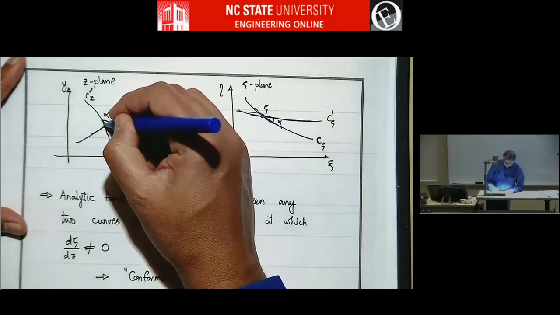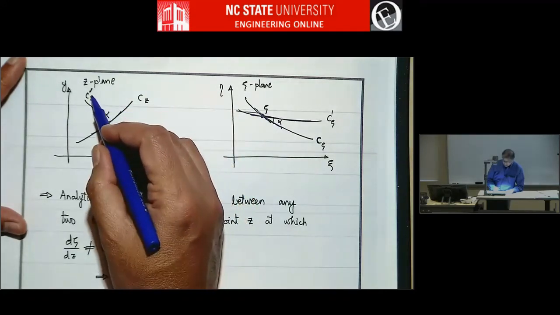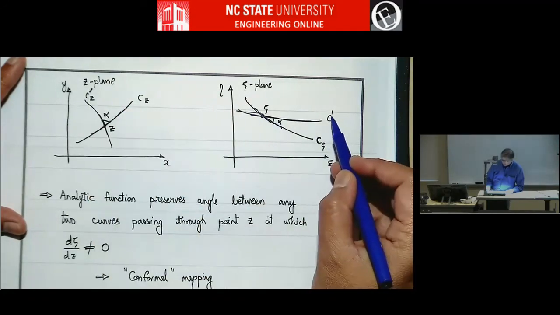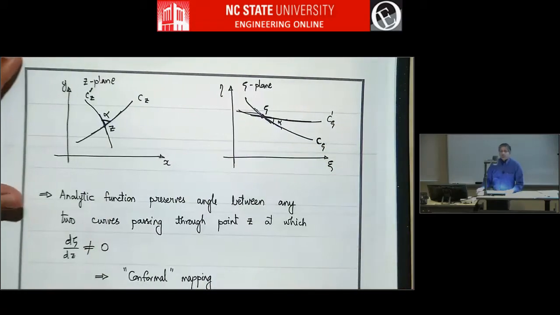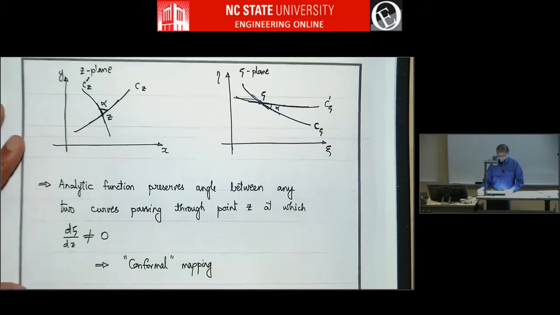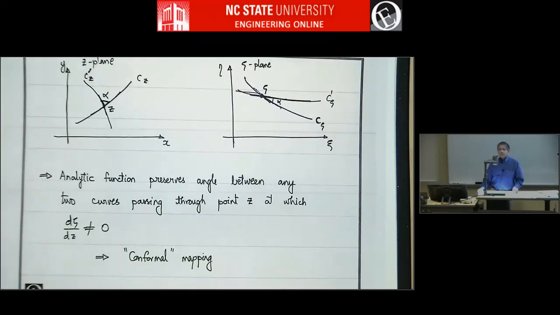If you take another curve here, C z dash, that will get transformed to some C zeta dash, but the angle between them will be preserved. So in other words, an analytic function preserves the angle between any 2 curves passing through z as long as d zeta dz is not equal to 0. So this is why it's called conformal mapping. The angles conform from one plane to the other plane.